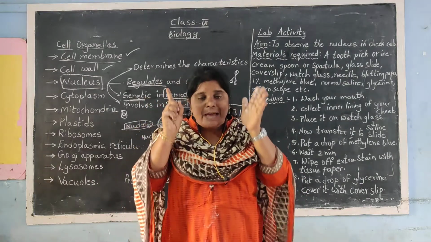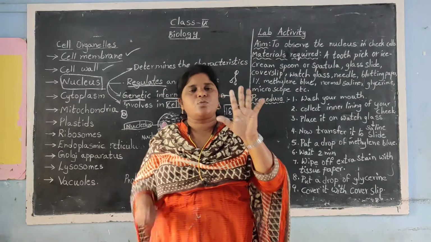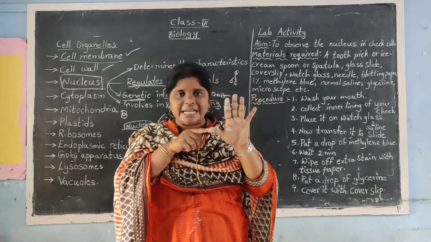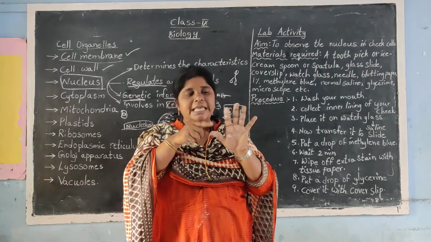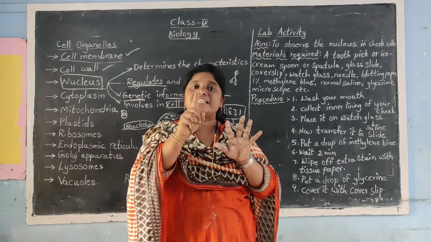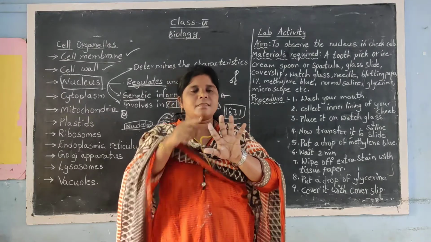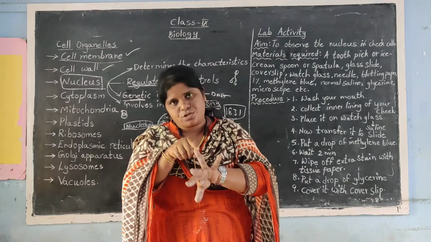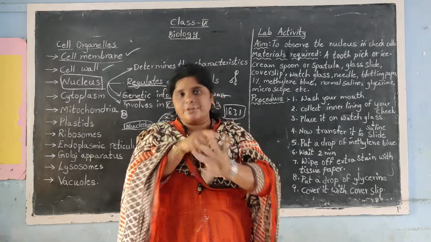For a lab activity, the five steps you have to mention very clearly are: first, write the aim. Second, apparatus, which can also be termed materials required. Third is procedure. Fourth is observation. Fifth is inference.